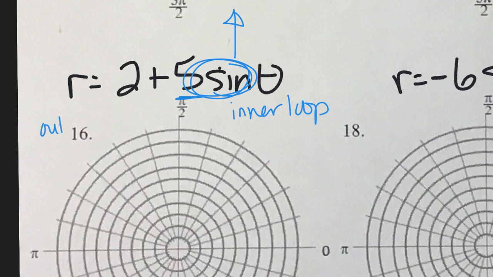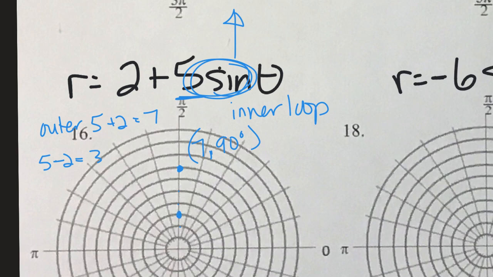The outer 5 plus 2 is 7. 1, 2, 3, 4, 5, 6, 7. There's our outer loop, 7 comma 90, because that's what the positive y-axis is. And then 5 minus 2 is 3. 1, 2, 3. That's in here.